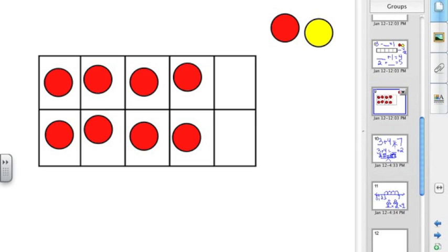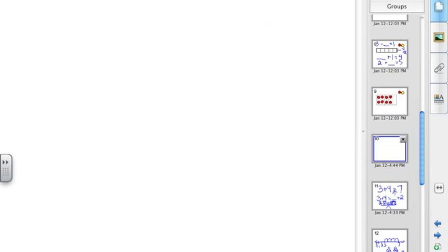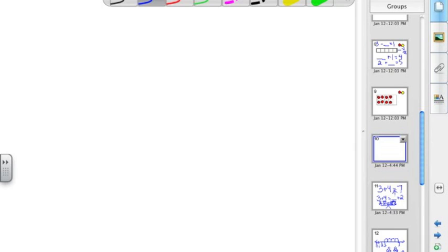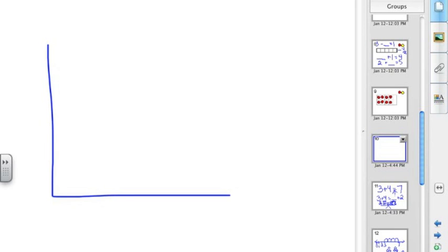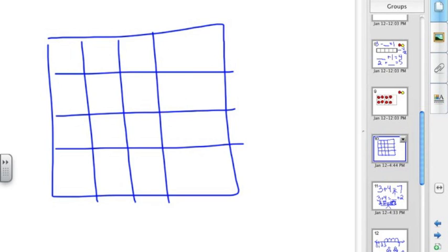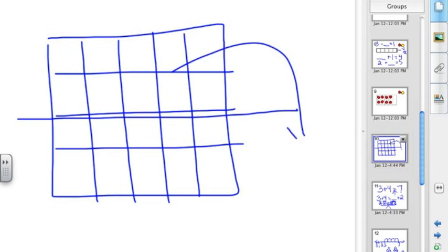So things like knowing that if I have 4 rows of 5, for example, I could cut this in half and move this down here and have 2 rows of 10.